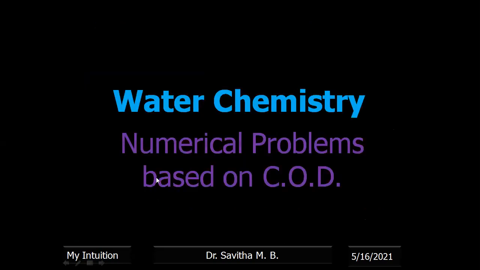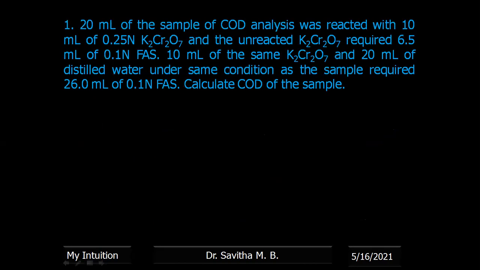Okay, some numerical problems based on COD determination we will be solving now. First one is, let us read the problem. 20 ml of the sample of COD analysis was titrated with 10 ml of 0.25 normal potassium dichromate, and the unreacted potassium dichromate required 6.5 ml of 0.1 normal FAS. 10 ml of the same potassium dichromate and 20 ml of distilled water under same condition as the sample required 26 ml of 0.1 normal FAS.